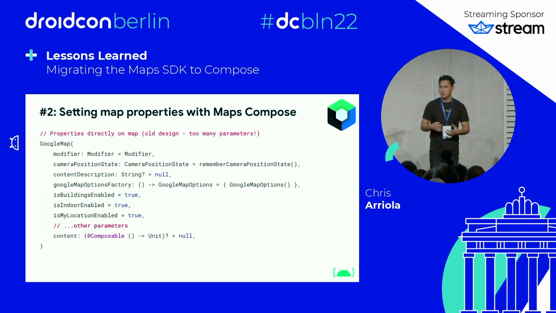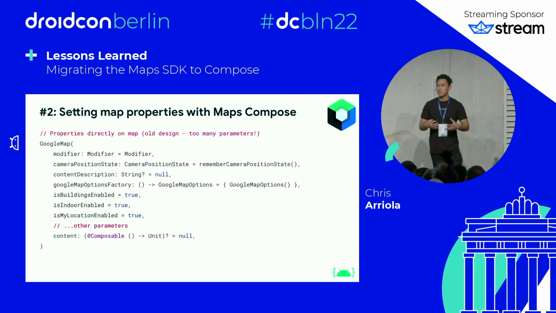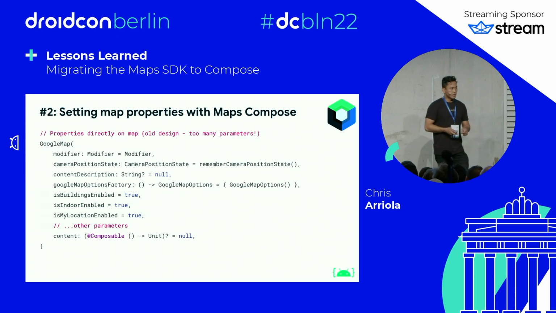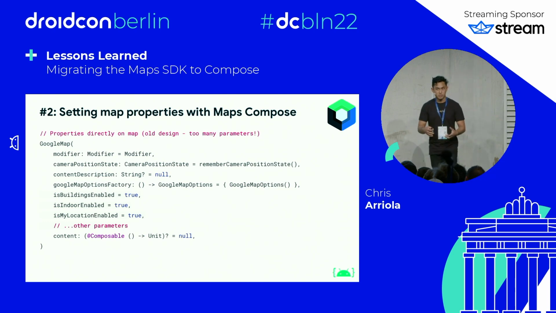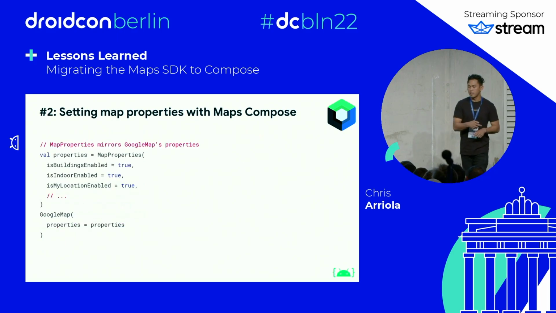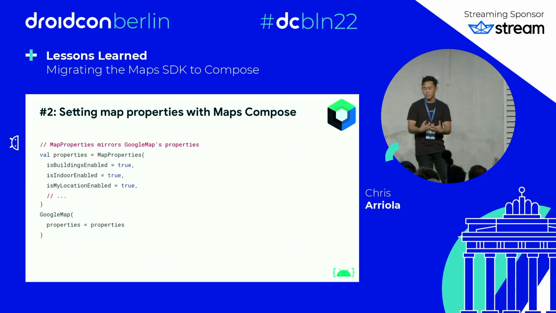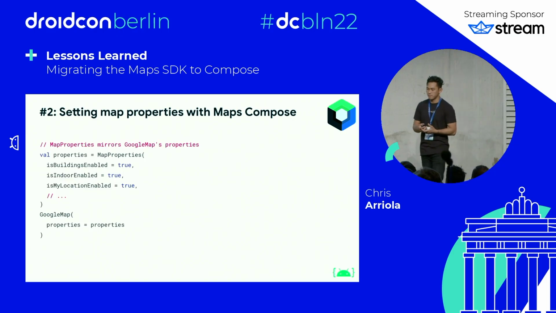But there were a lot of these properties, and it really affected the usability of this function. So I don't think there's an optimal number of parameters that you should strive for, but in this case, we can improve it by wrapping related properties into a state holder. So that's precisely what map properties is. It contains these related properties that can be changed on the map, and you can create an instance of it and pass it to the Google Map composable function.